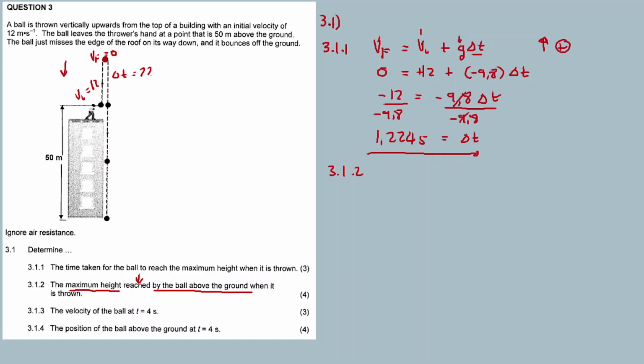So the question says find the maximum height reached by the ball measured from the ground up, right? Okay, some questions ask for the maximum height from the instance it is thrown up, but this one is above the ground, it means we must measure from the ground all the way up. So first we must calculate delta y, this piece of information.